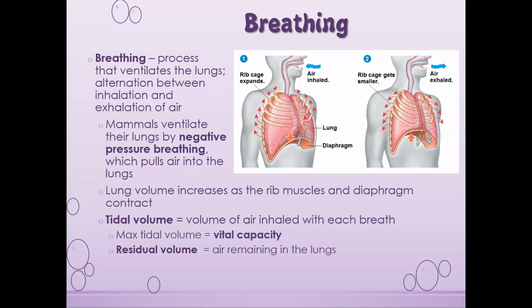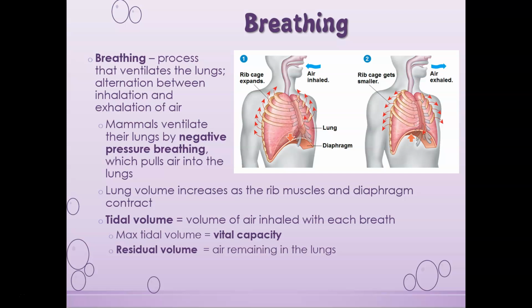Just like diffusion across a concentration gradient, it's the same concept, but now we're talking pressures instead. So we go from high air pressure outside your body to low air pressure inside your lungs, and the air essentially just falls in as a result of that pressure difference.